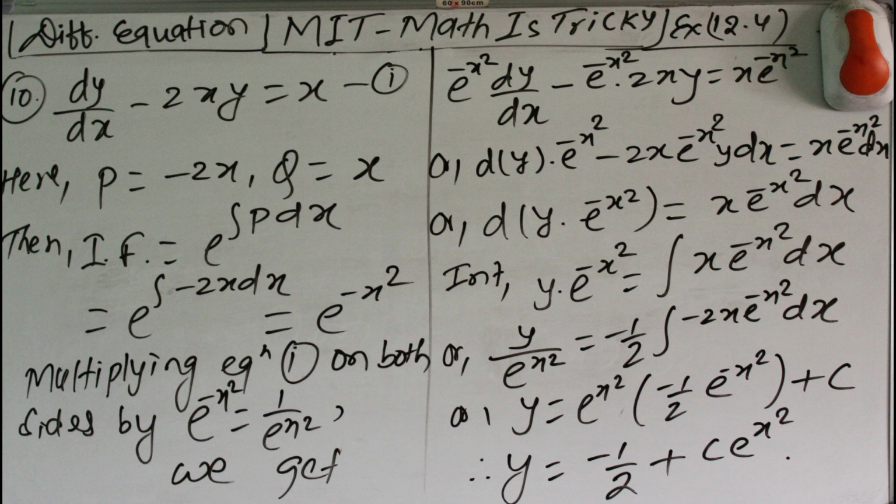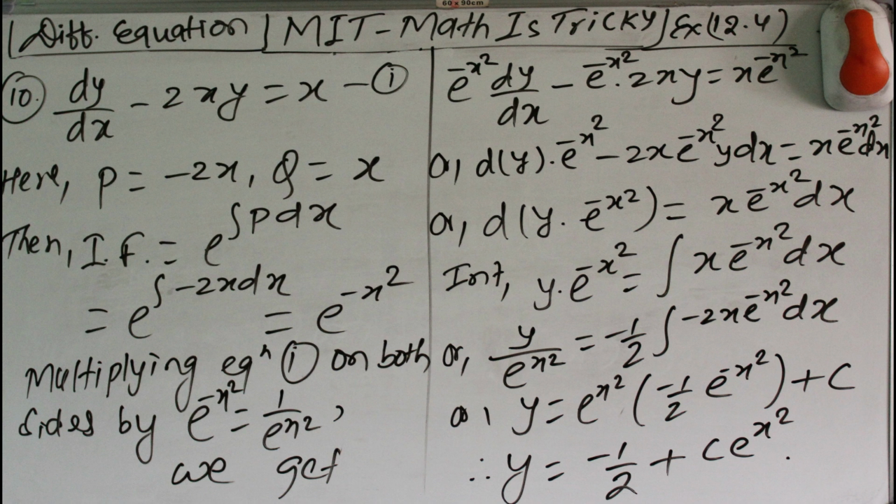Integrating both sides, we'll get here y · e^(-x²) equals the integration of x · e^(-x²) dx. If you find the derivative of the power of the exponential function, that is −x², it is −2x.